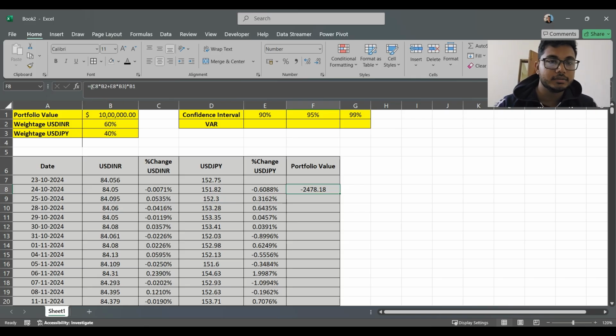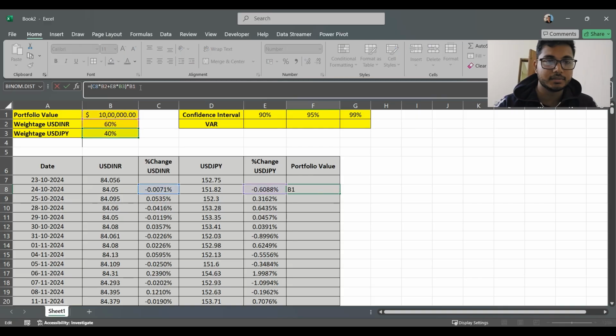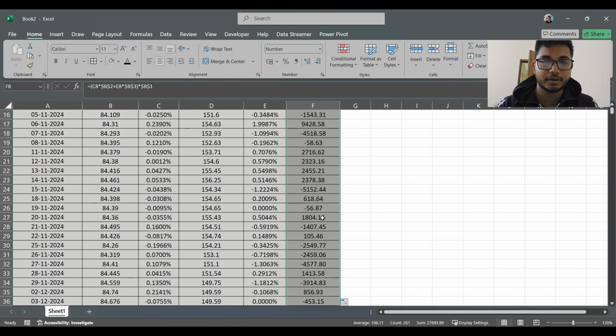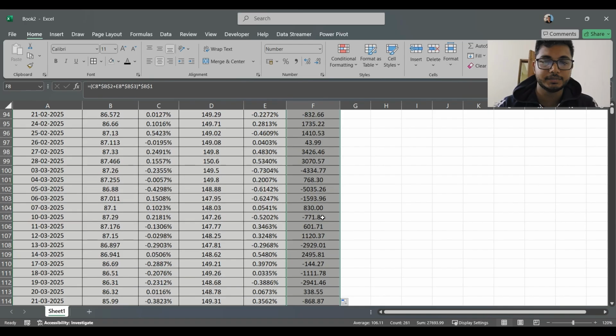And now, since we want to drag this to all the values up to next year, let's freeze some of the values which are not going to change. Okay, so we just freeze the values, and that's how we are going to get the returns here.